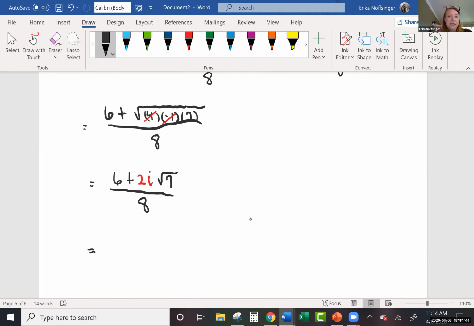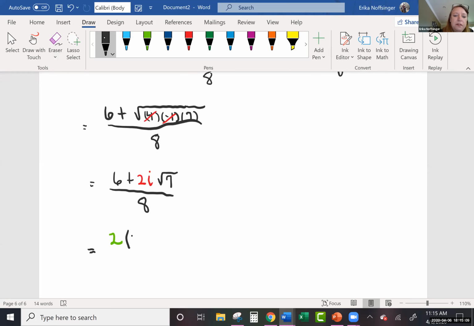It would usually be easier the other way, but just so that you're used to doing this, if this was your answer and you had to put it onto MyMathLab and it didn't say a plus bi form, you could leave it like this, except that it would have had to be simplified. Notice that in 6 plus 2i root 7, 6 and 2 have a 2 in common. So we can factor a 2 out of the 2 groupings in the numerator.